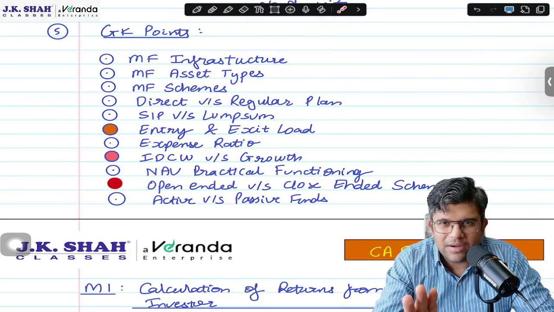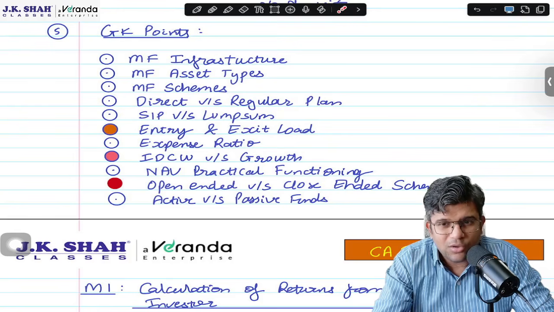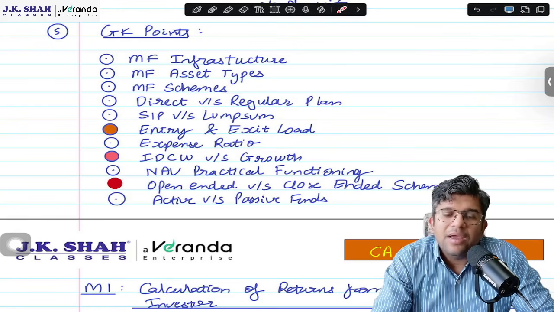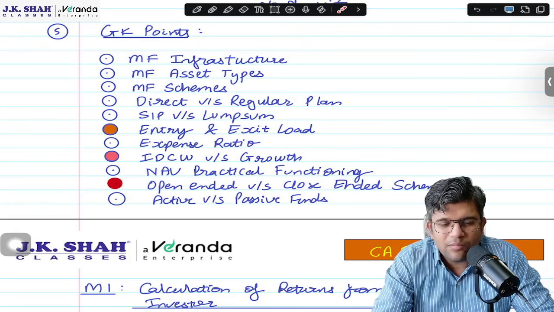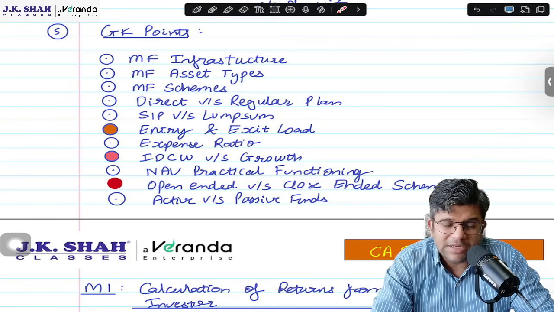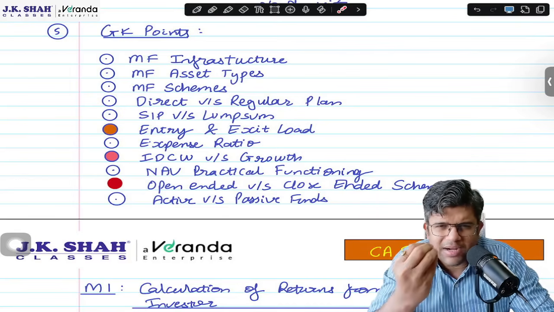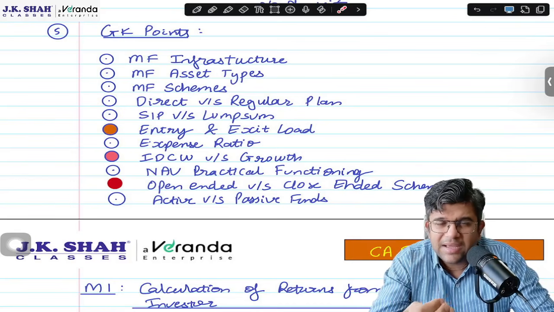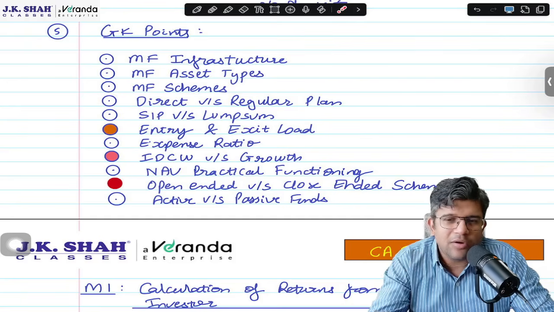I hope everyone understood that we will charge you an exit load if you leave the fund within this period. If you stay in the fund for more than that period, then when you are quitting, we will not charge you exit load. In fact, some funds are so transparent that many people don't read these offer documents.